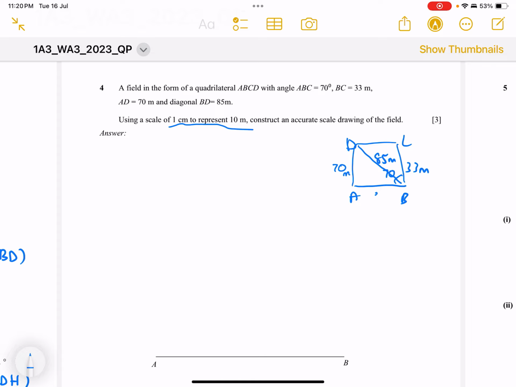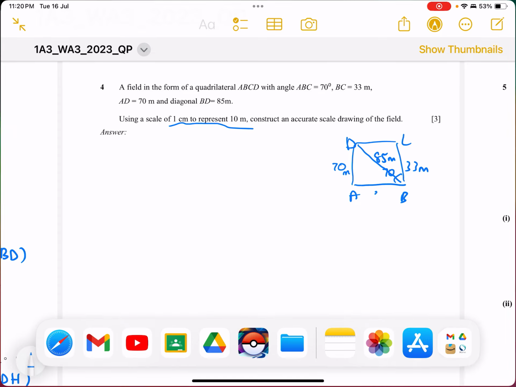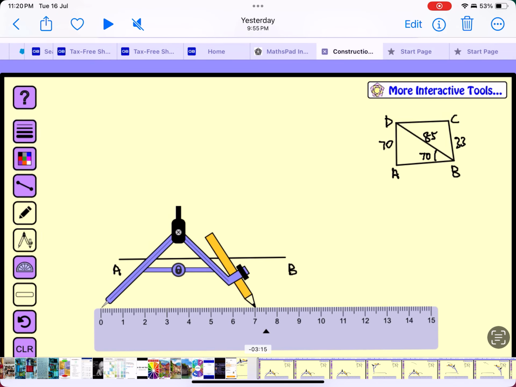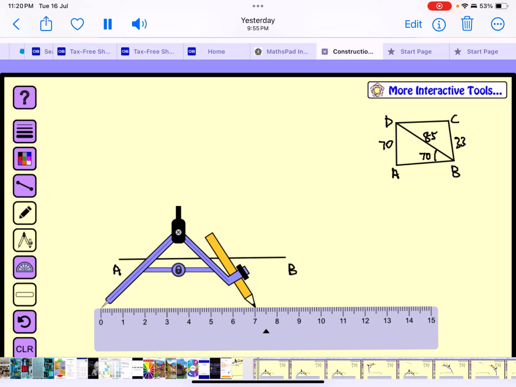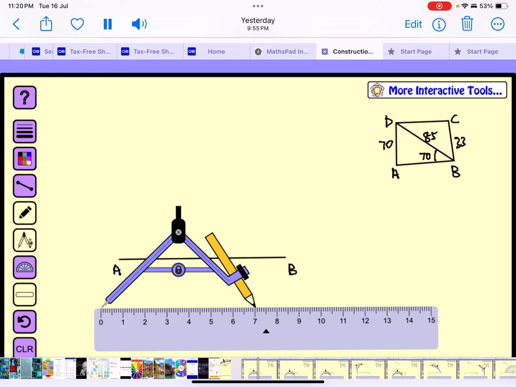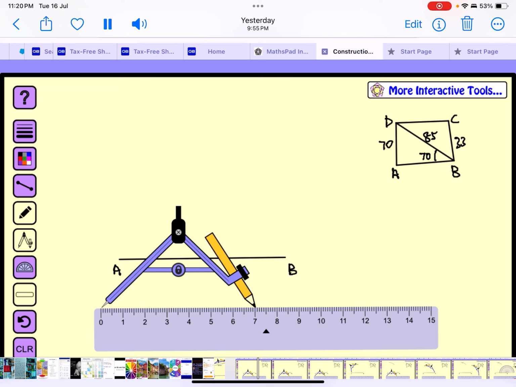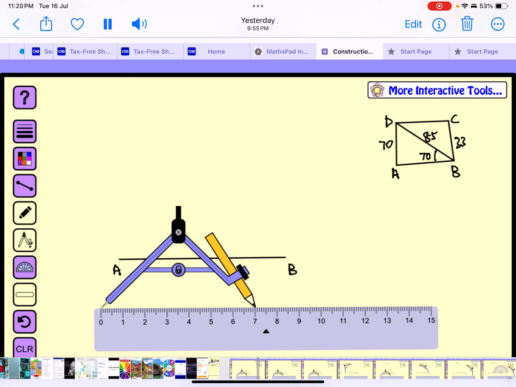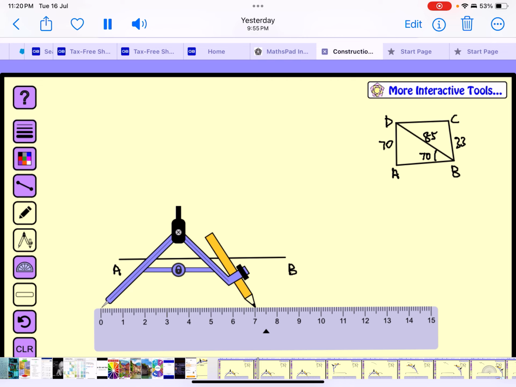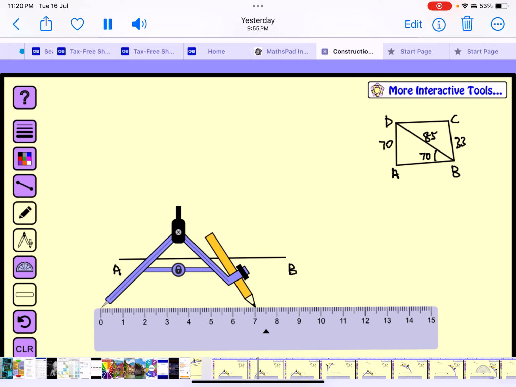Right, so now we are ready to construct. We begin our construction by drawing a rough diagram of the result, and next we will start constructing the triangle ABD.